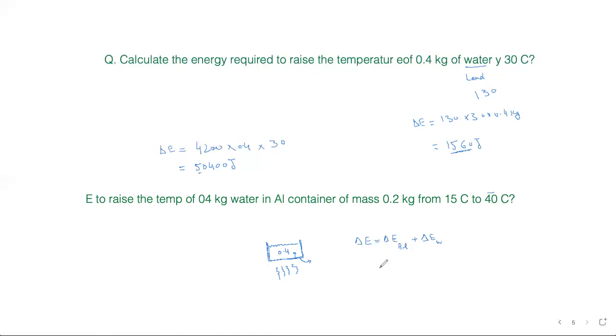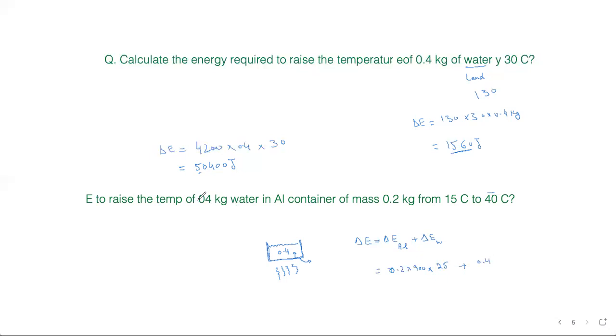So in this case, we will calculate separately. Only the mass is different. For example, aluminium is 0.2. The heat capacity is 900. We remember it because we already used it, so I am not going to give it here, but in the exam they can give you this value. And how much temperature do we want to increase? From 15 to 40, so this is actually 25, isn't it? Yes, 25.